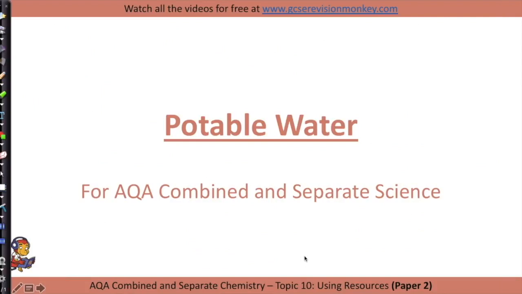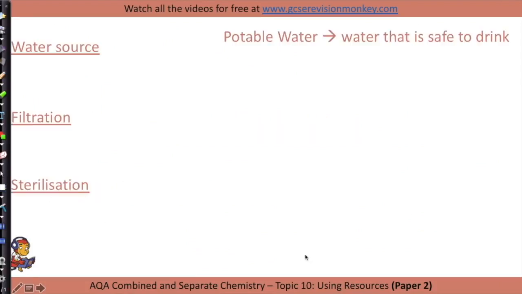Potable water, or you may say potable water, is water that is safe to drink. It is not pure water. If we looked at a topic previously where we looked at pure substances, they only contain one element or compound. For it to be pure, it would only contain the compound H2O.